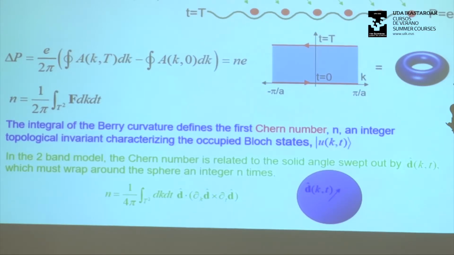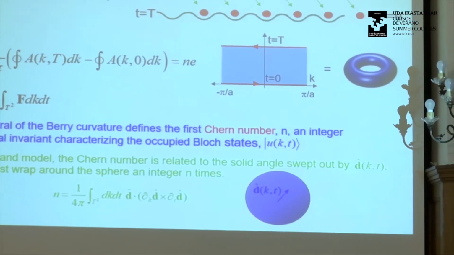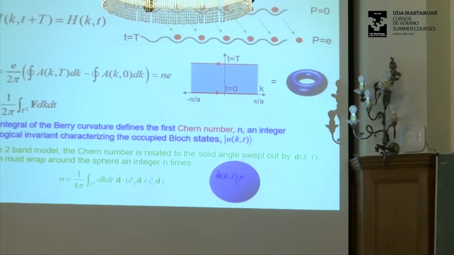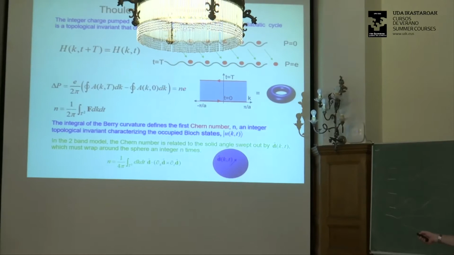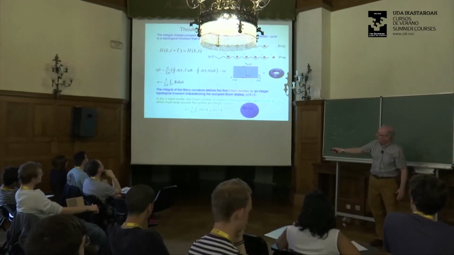And what I know is that, since I came back to where I started, the polarization can only change by an integer, because the polarization has to be equal to itself mod e. So that tells us that this integral of the Berry curvature has to be an integer.